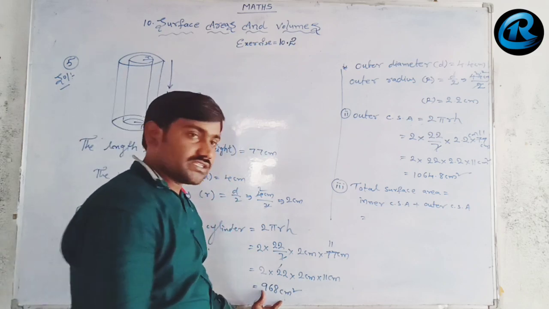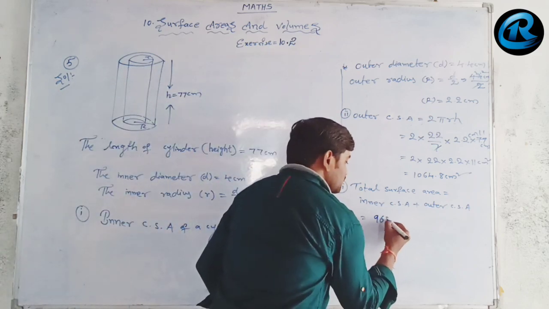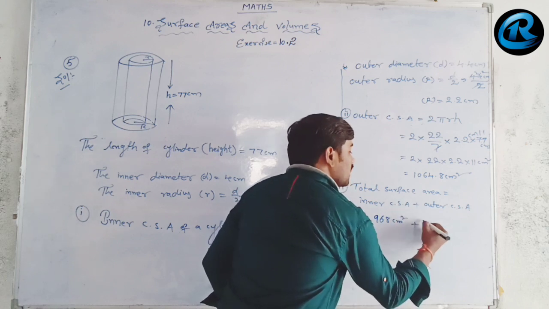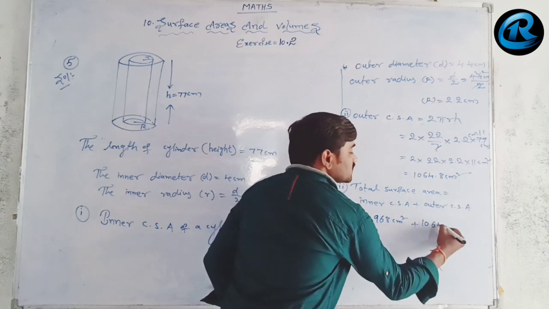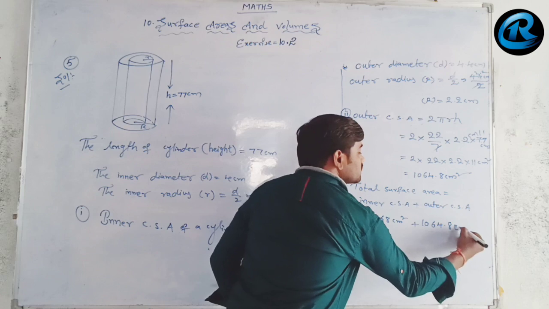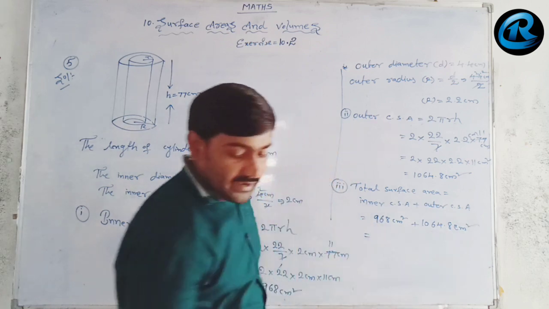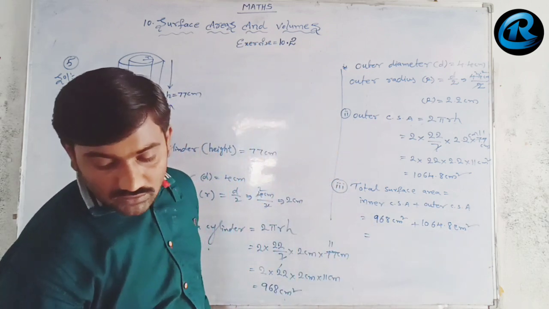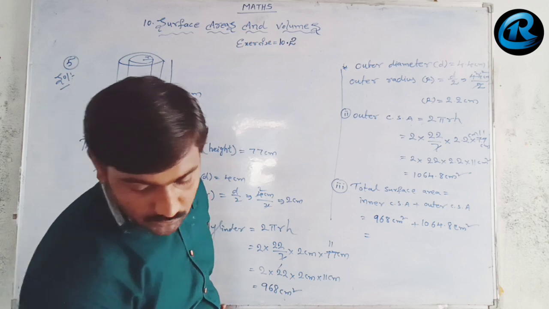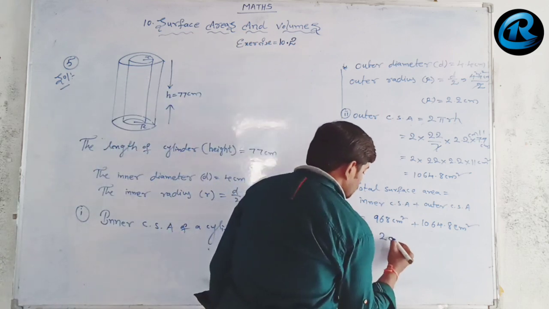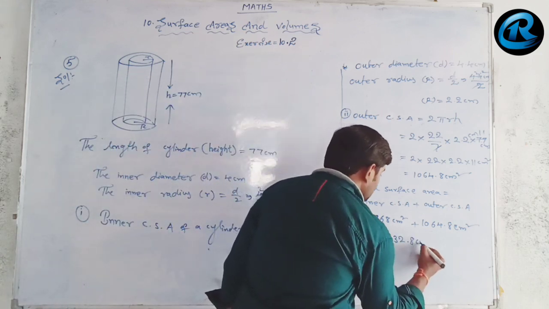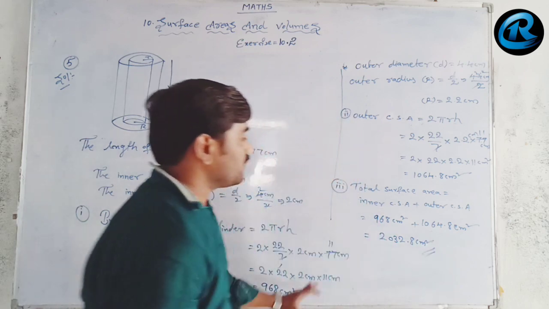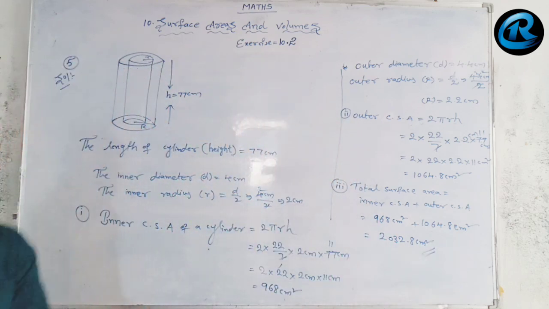The inner curved surface area 968 centimeter square plus outer curved surface area 1064.8 centimeter square. When you add that both, you get 2032.8 centimeter square. That is the total surface area of a cylinder.